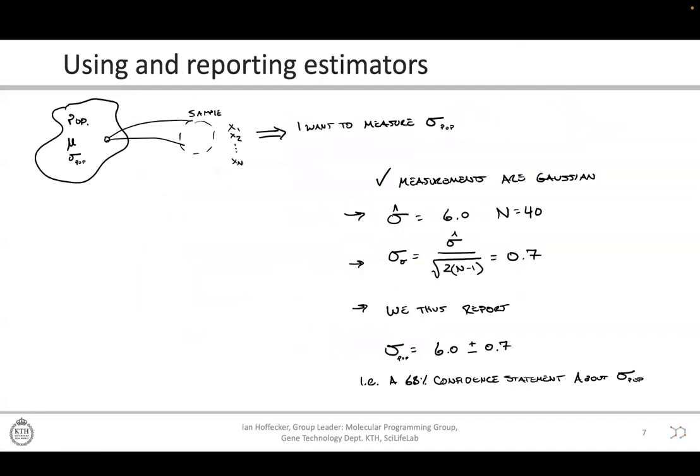If we want to make a confidence statement about sigma, the population standard deviation, we can do so using our knowledge of the variation of the estimator itself. So we can make a 68% confidence statement that the true standard deviation has this value, our estimator, plus or minus this variation here, the sigma of sigma hat.